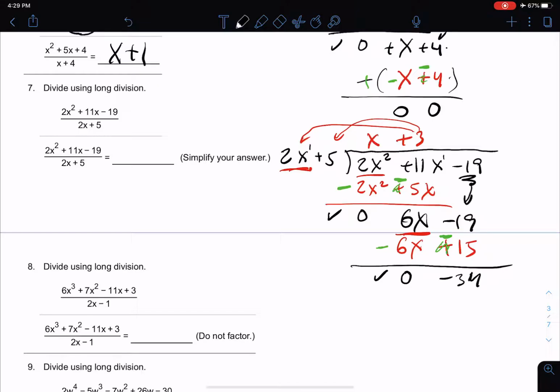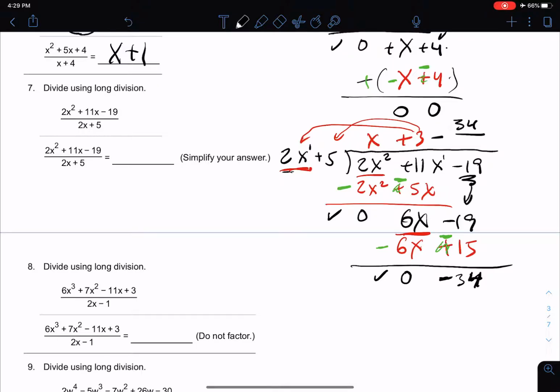And you know that this is a remainder, mainly because the power of the divisor is 1, and the power of this is a constant, so you can't divide anymore. So this is now considered a remainder. How do we write the remainder? Notice it's a negative 34, so minus 34 is the remainder over the divisor.